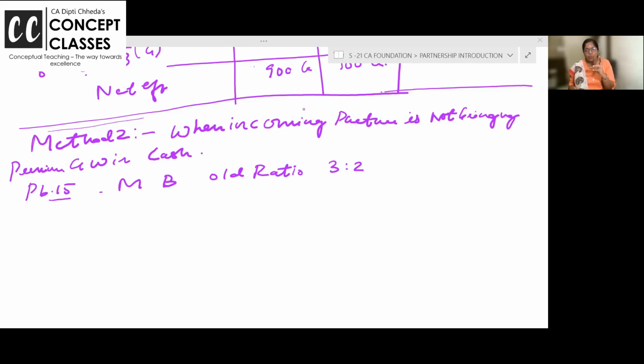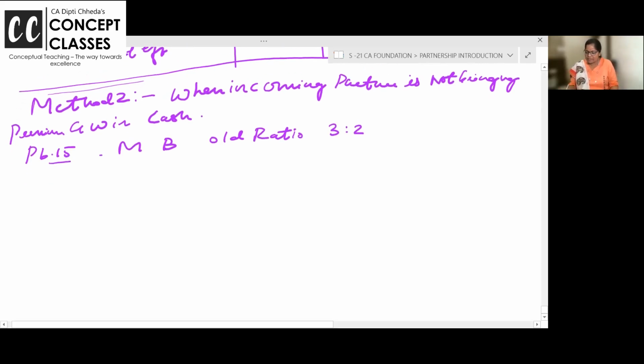I've explained in one example both the ways. Now I hope it is clear. Modi, Bodhi and Todi. Okay, 1/3 share. So new ratio is 1:1:1. Anyone in the class is having doubt for new ratio? T said, I will take 1/3 share. Remaining 2/3 they both said we will take equal.